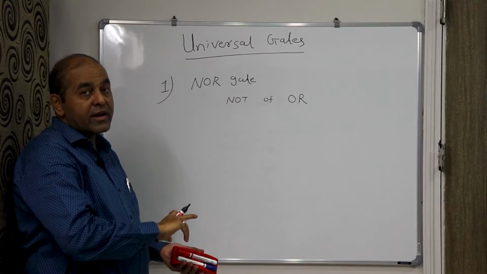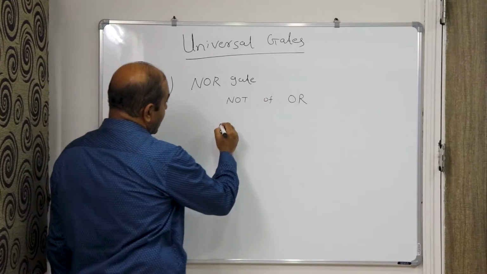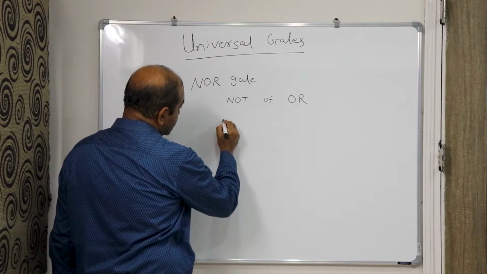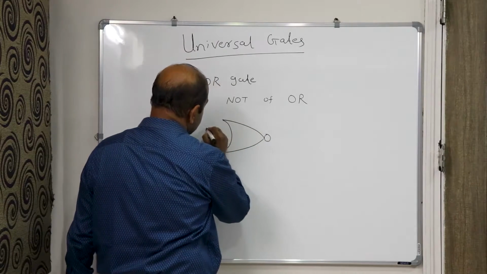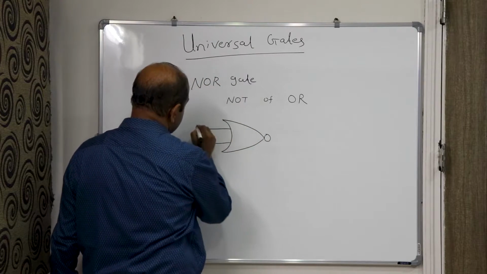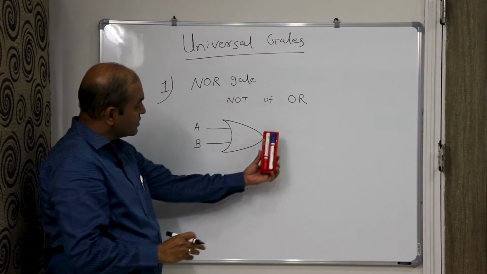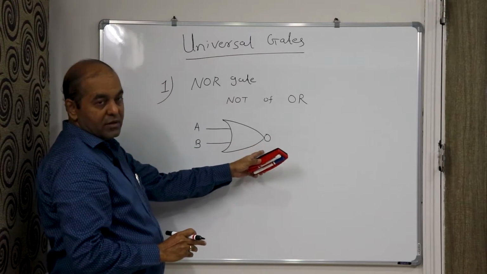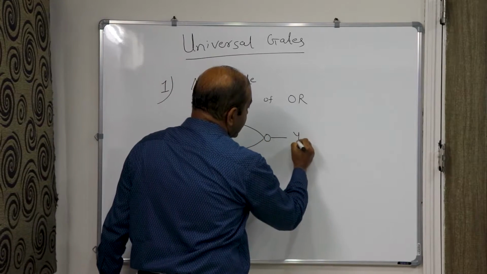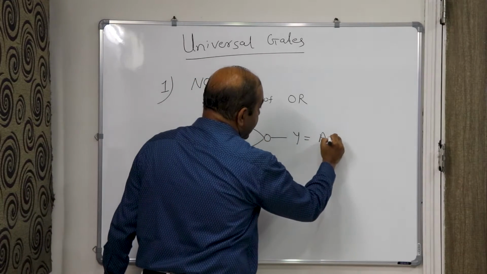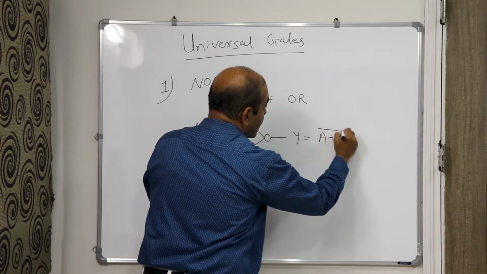Output of OR gate is complemented. That is the meaning. So symbol: look at this, this is OR gate and there is a bubble. So now it becomes NOR. Y equals to A plus B whole over bar.